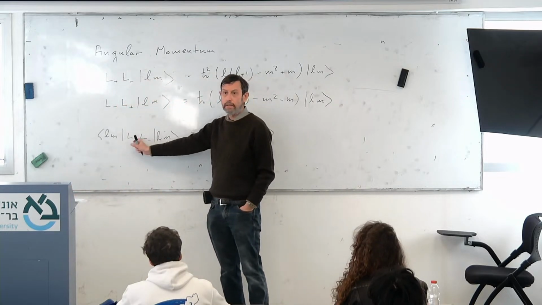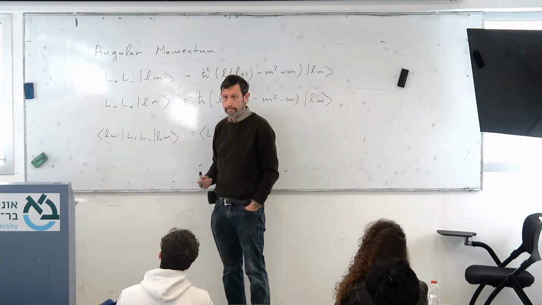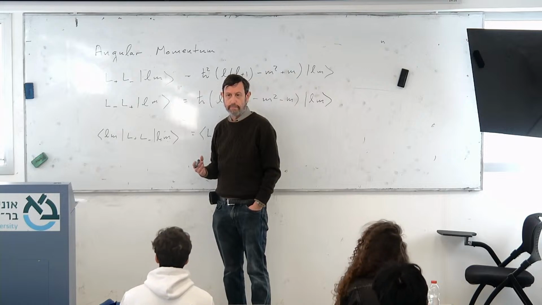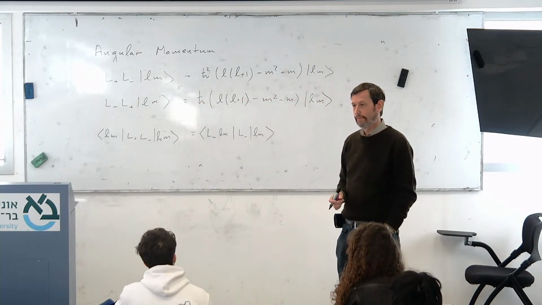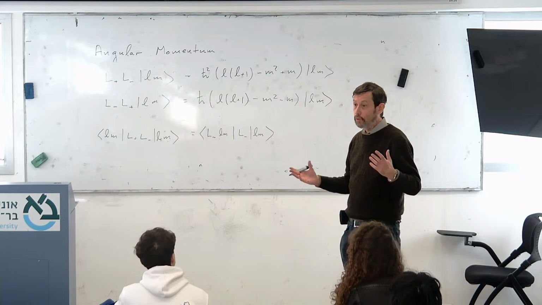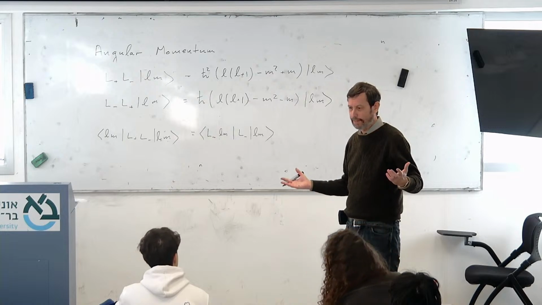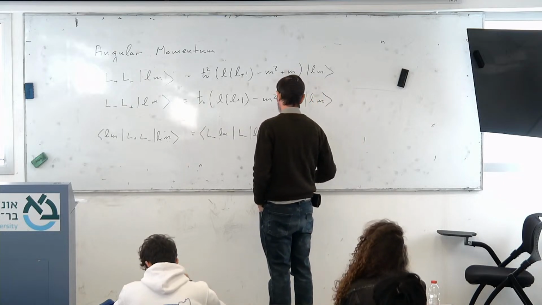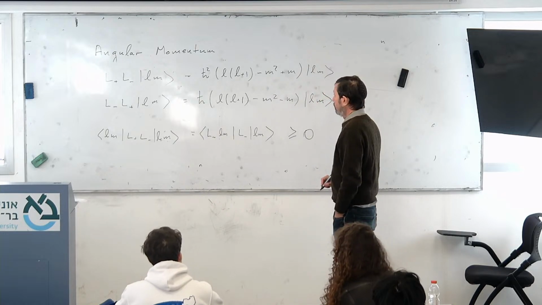So this basically is a norm of a vector, L minus Ln. What do I know about a norm of a vector? The norm of any number is positive or zero, it can't be negative.